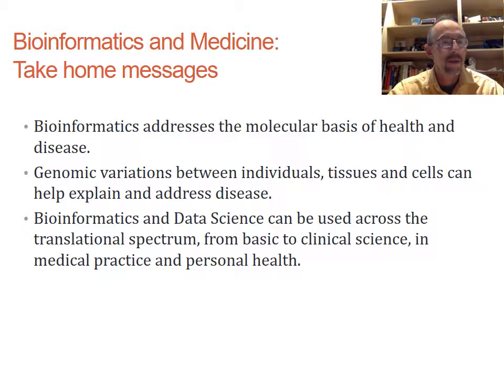It's another thing to recognize what are the variations which make someone sick in a particular way, or make one cell or tissue diseased versus another, even within one individual. Bioinformatics and data science can be used across the translational spectrum, meaning from basic science to clinical science, and in medical practice, and even in personal health.